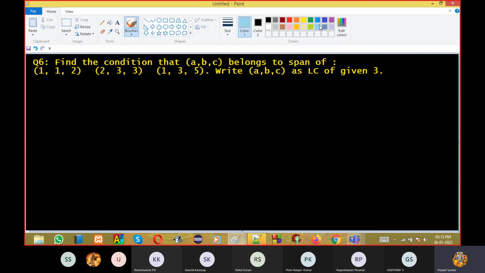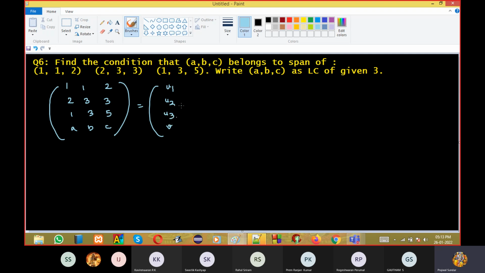This question I'll do, and the next class we'll continue with the next set of questions. So what I'll do: 1, 1, 2, 2, 3, 3, 1, 3, 5, A, B, C. Write U1, U2, U3 side by side, and keep this as vector V.